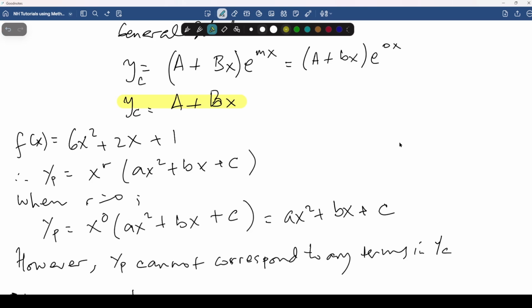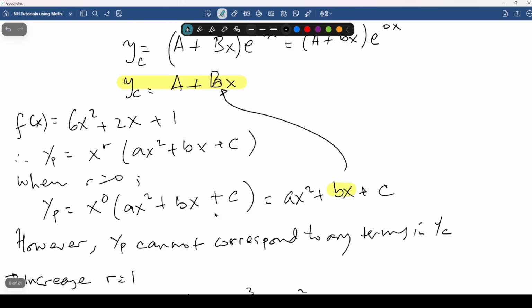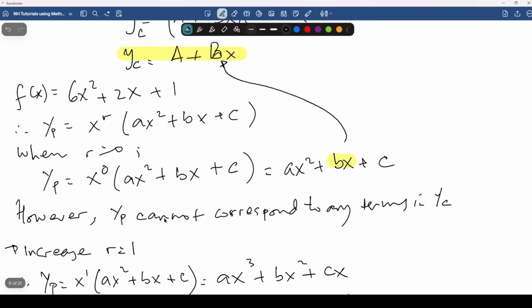That is the reason for doing this exercise. Therefore, we cannot use this particular integral yp.